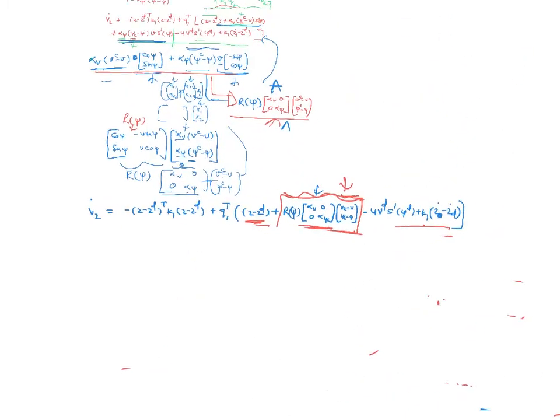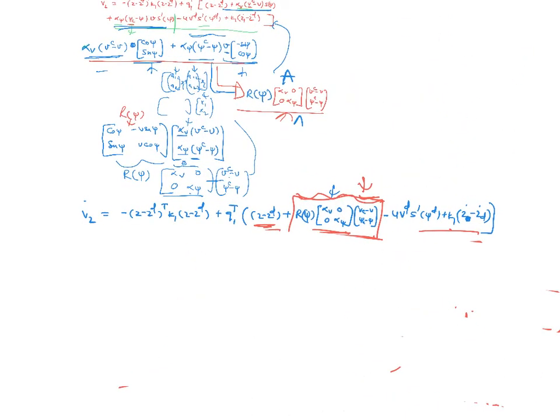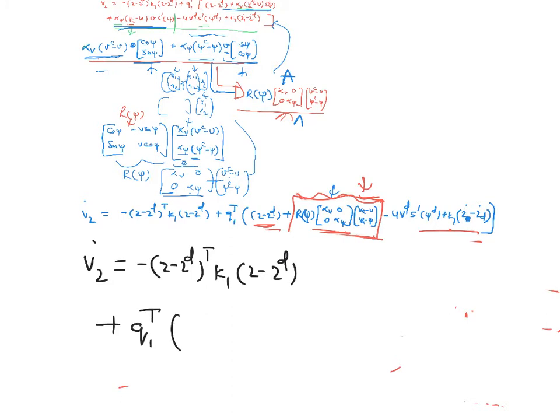What I'm saying is, before we even move there, V2 dot equals minus Z desired transpose K1 Z desired plus Q1 transpose Z desired plus R. So I'll put this at the end, or we can put it at the beginning.